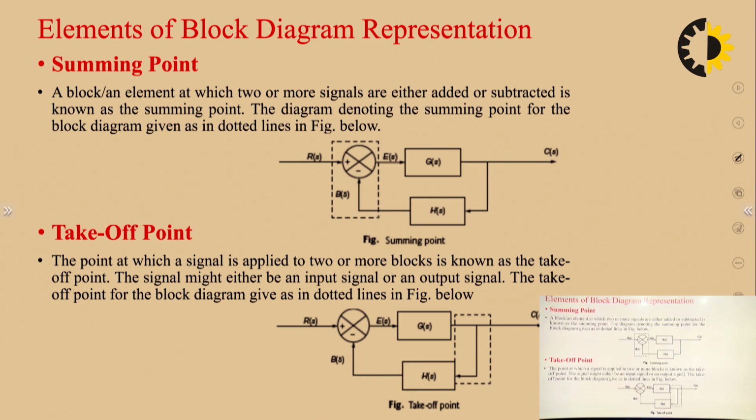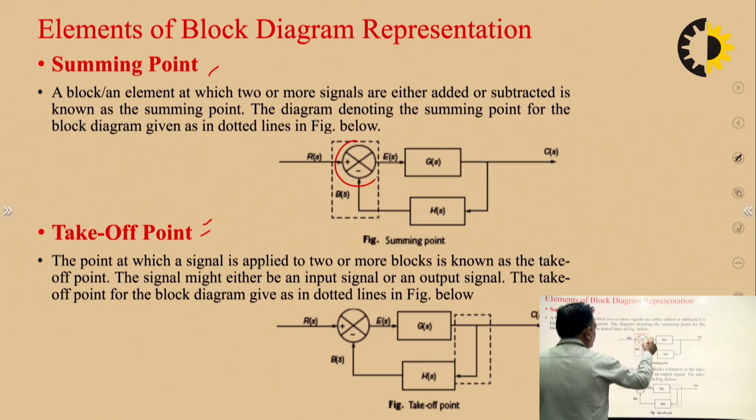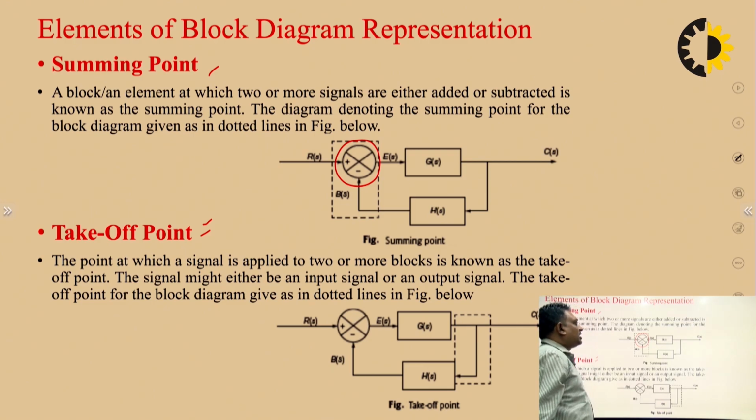These are the elements of block diagram representation. One is the summing point, another is the takeoff point. These two important elements are present in almost every block diagram. The summing point is a block or an element at which two or more signals are either added or subtracted.